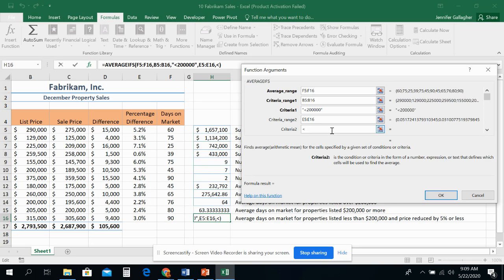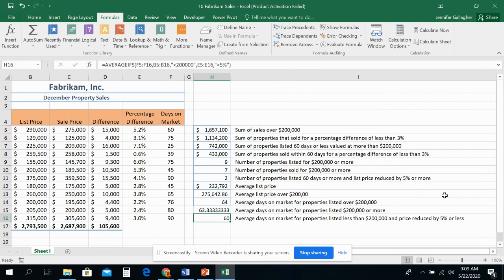So less than or equal to 5% is what's going to be included in this one. I have to have the percent sign because that column is structured as percentage. All right, so I'm going to press OK, and I end up with the answer of 60.